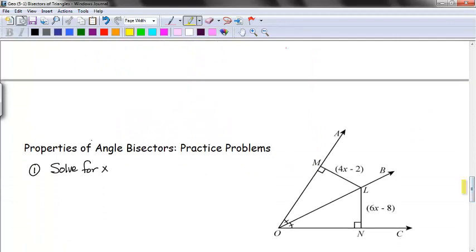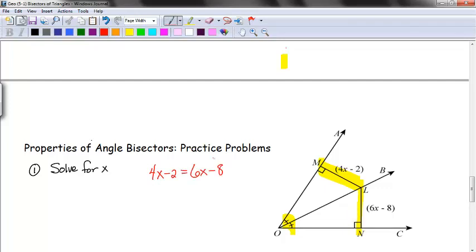Here's one example, and you can sketch it down at the bottom if you want to, or you can just watch. This one is on the properties of angle bisectors. You can tell it's an angle bisector because they're giving you two congruent angles down here, and it's a perpendicular distance. So what do we know about these two distances? They're equal. So to solve this, you would write 4x minus 2 equals 6x minus 8.